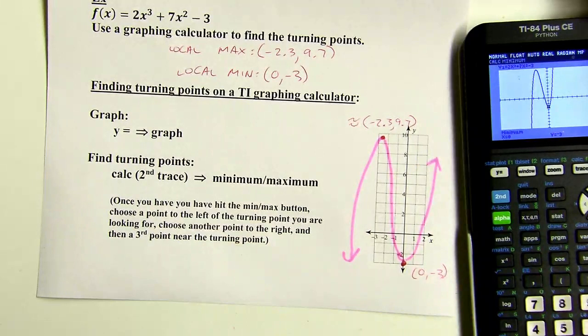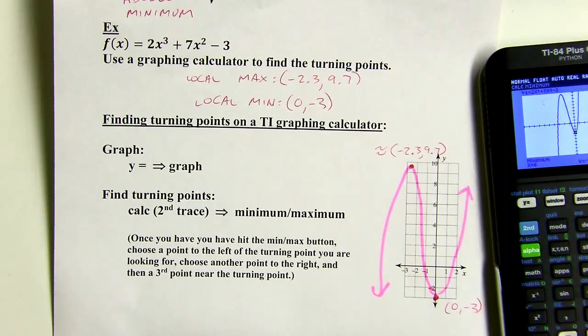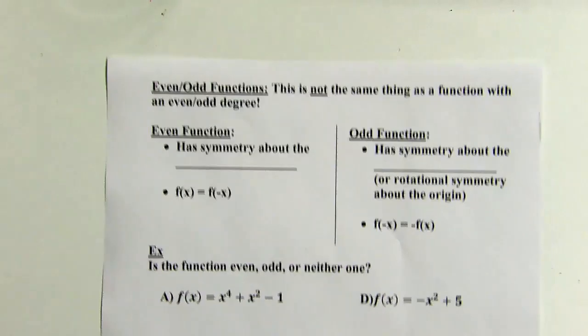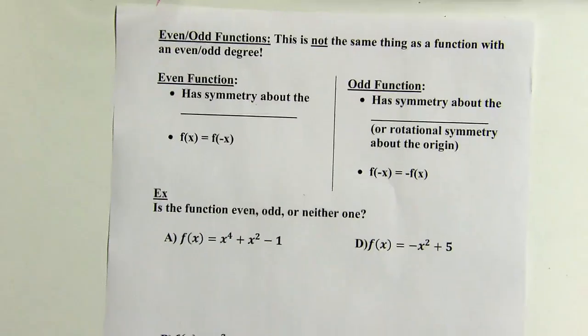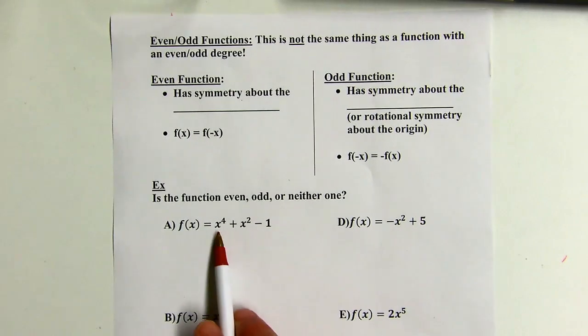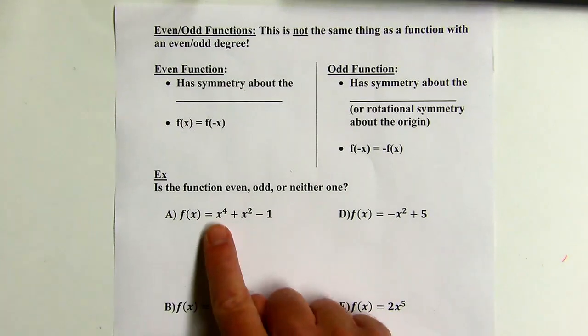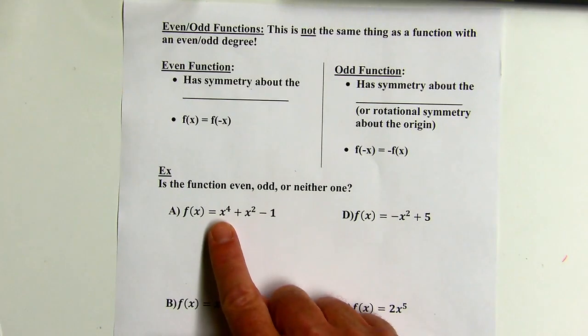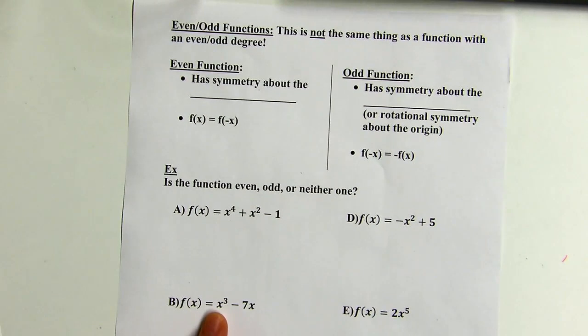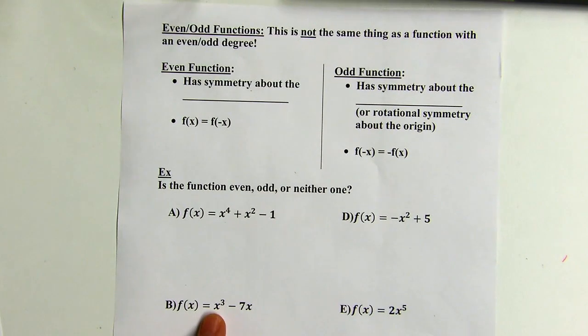All right. Okay, on the next page, we're going to look at even and odd functions. It's a little confusing because, looking at these examples down at the bottom of the page, you might think, oh, hey, this is going to be an even function because it's fourth degree, an even degree, and this is an odd function because it's a third degree function, so it's an odd degree.